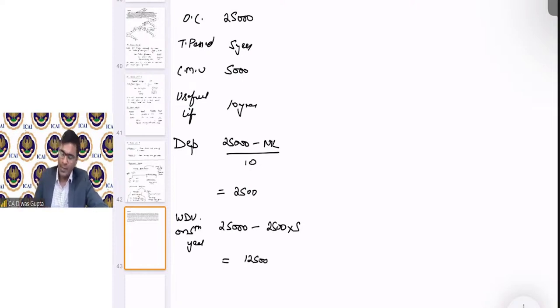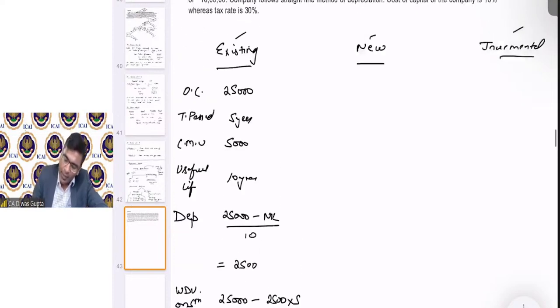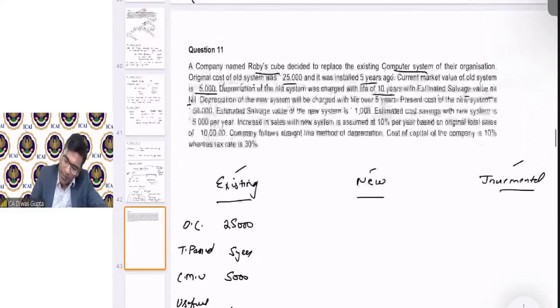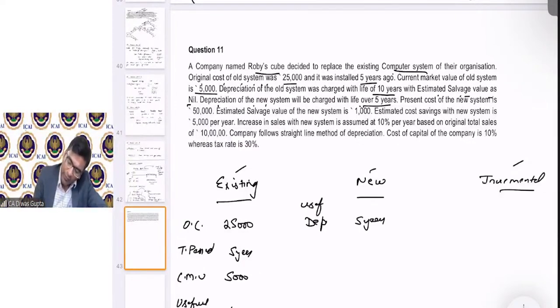These are all logical steps that are coming into our mind. Then depreciation of the new system will be charged with a life over 5 years. Now they're talking about the new system, depreciation, 5 years. That means useful life for depreciation is 5 years. Present cost of the new system is 50,000. So the cost they have given us is 50,000. Simple.